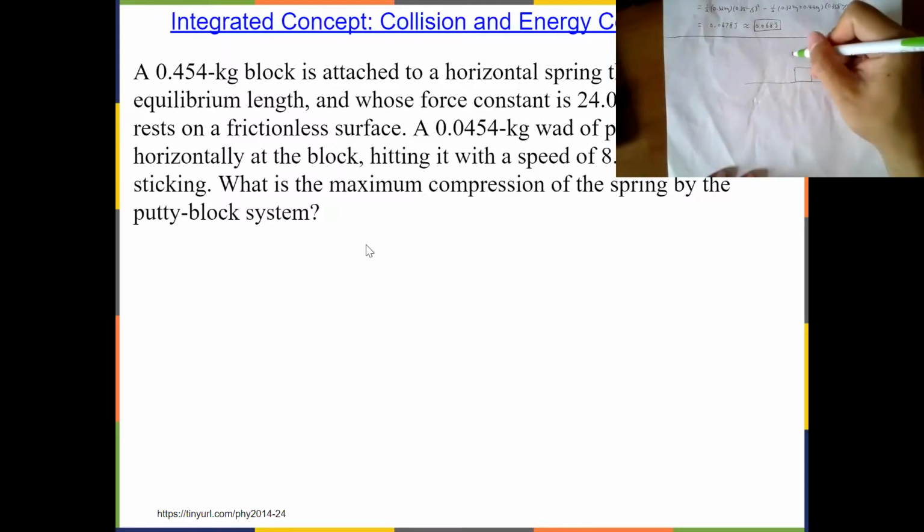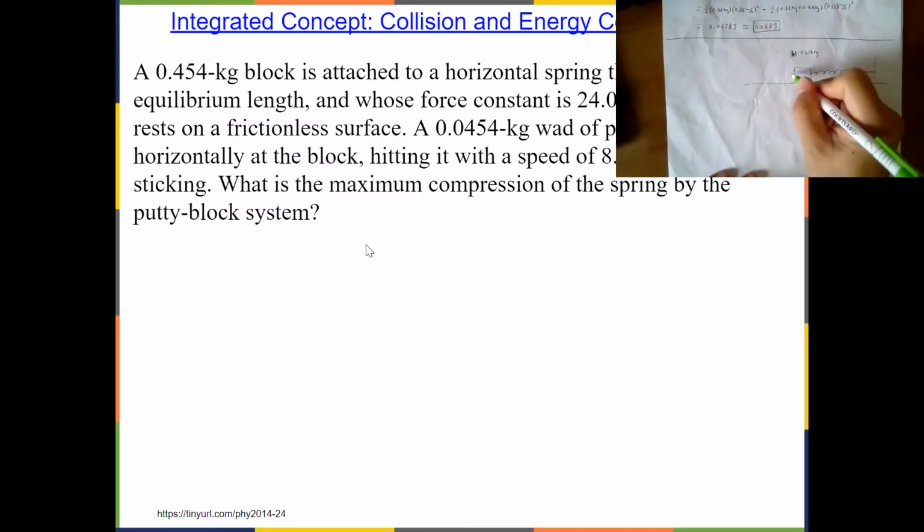I'm going to call this capital M because this is a larger mass. And I'm going to say the putty here has been thrown. This is the small m. So this guy has been thrown in that direction, and that's 0.0454 kilogram. V0 of that putty is given as 8.8 meters per second.